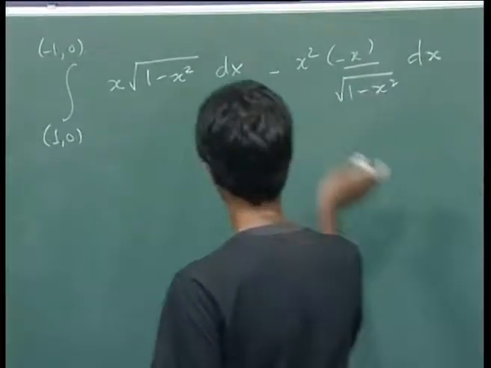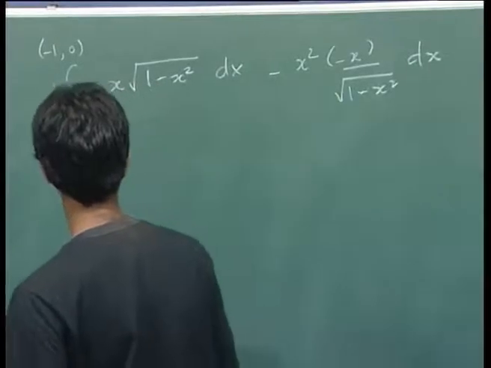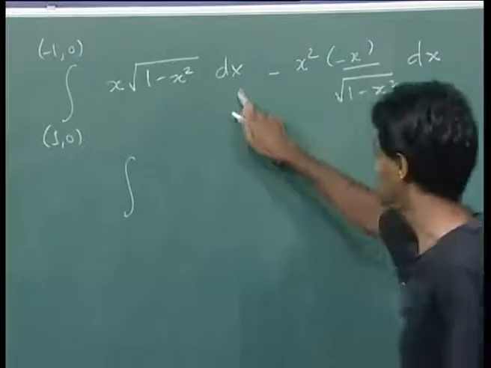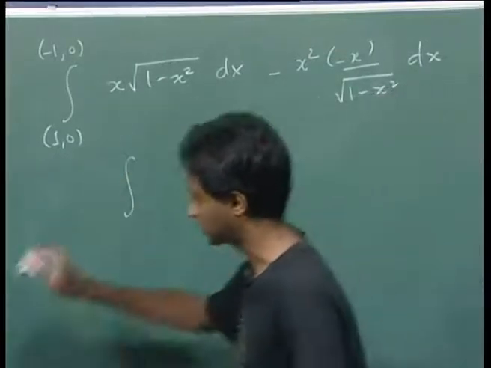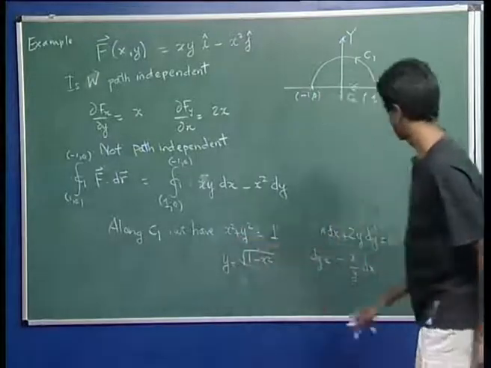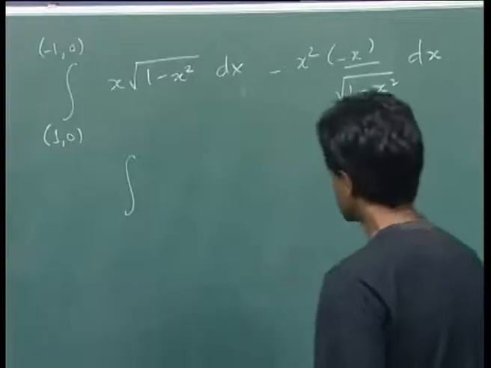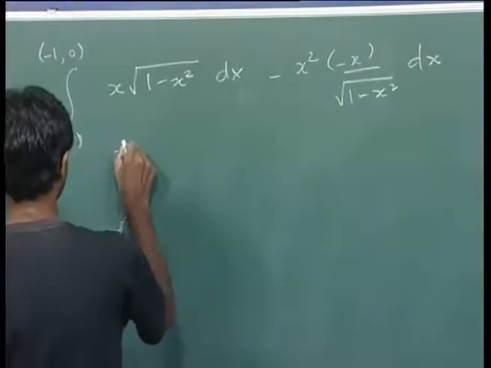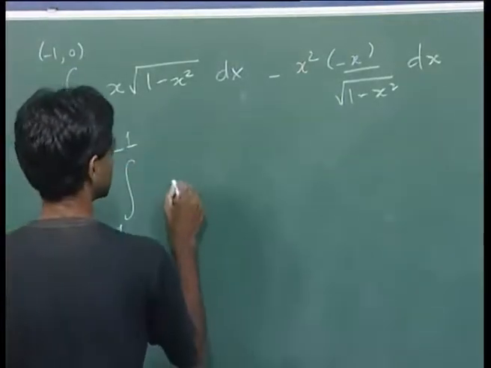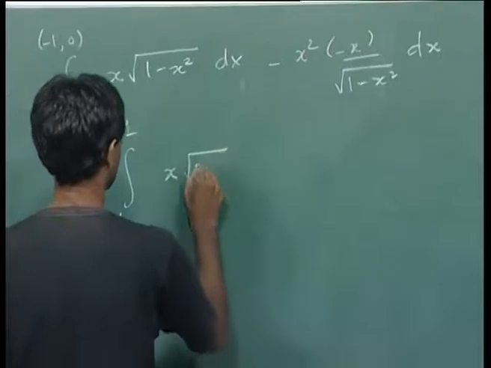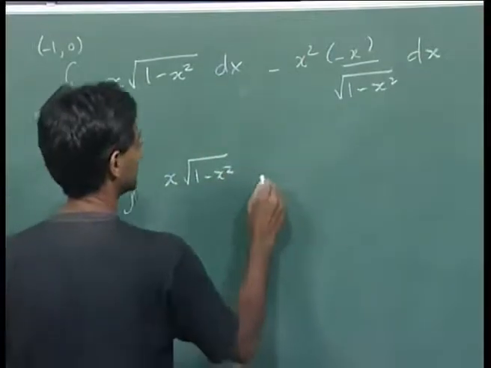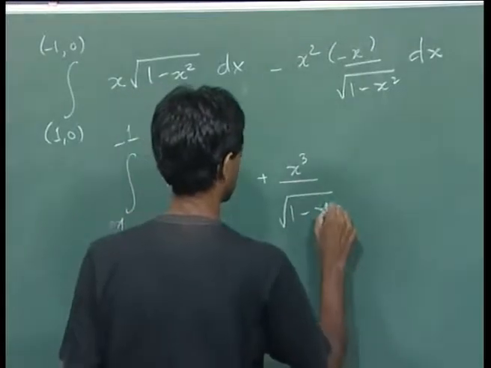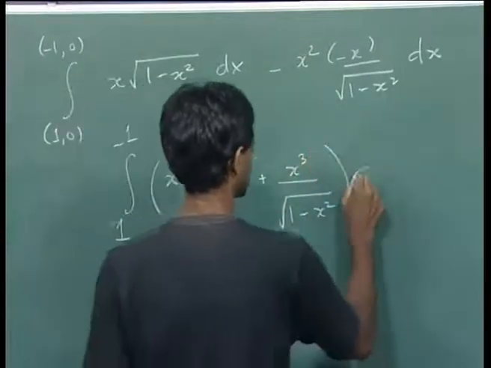Now I do not have to worry about y at all, because I have already taken into account that y is along this path and the rate of change of y. So, then I can just write this as the integral from 1 to minus 1 of x square root of 1 minus x square plus x cube divided by square root of 1 minus x square dx.